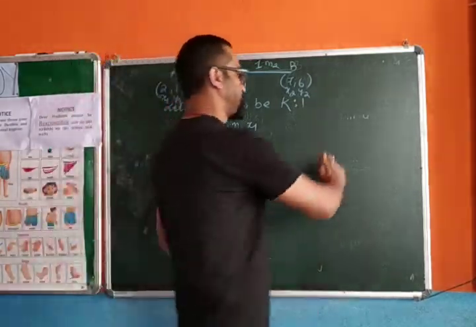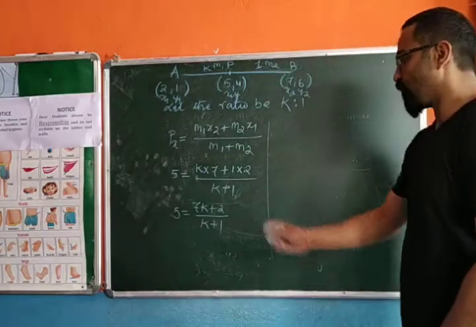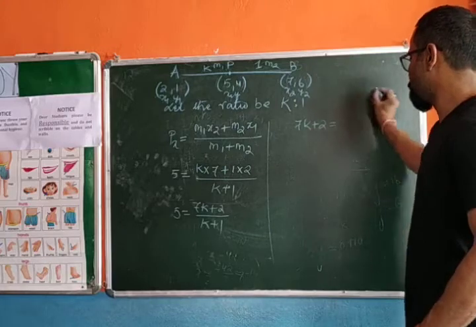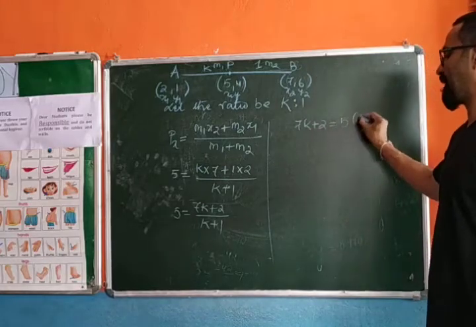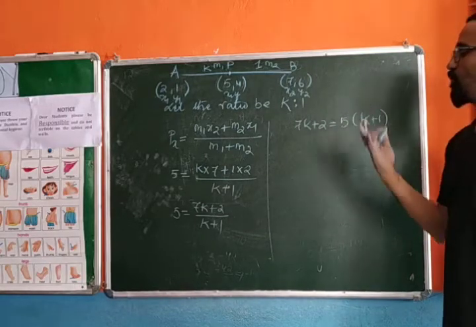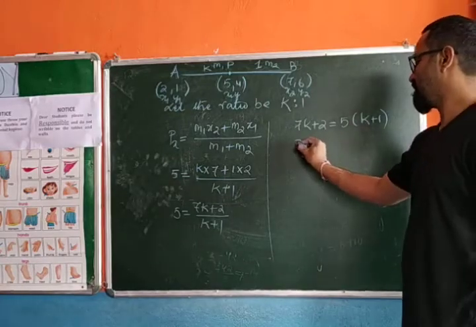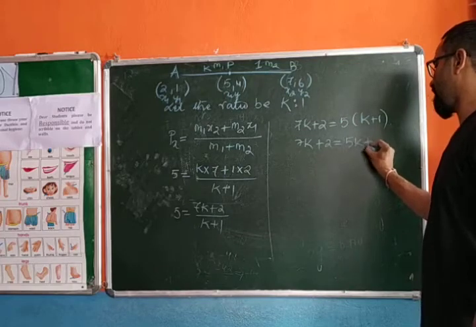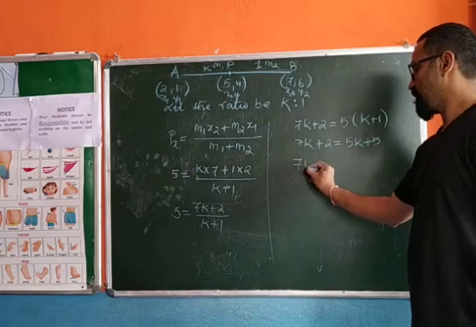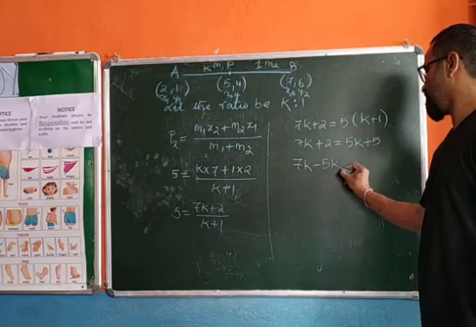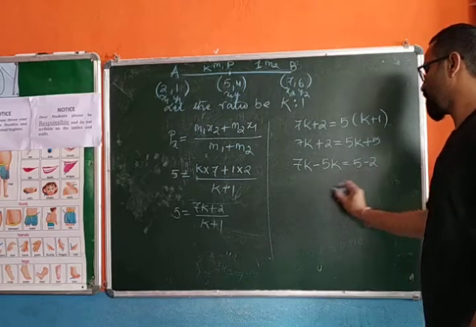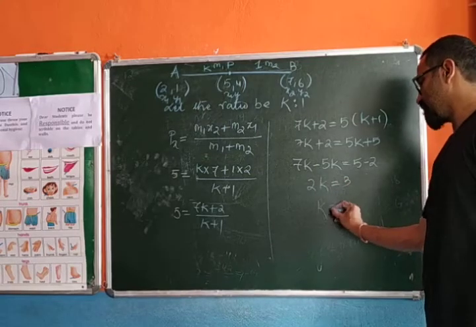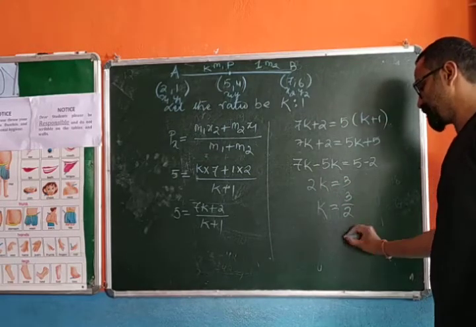Cross multiply. As you cross multiply, you get 7k plus 2 equal to 5 bracket k plus 1. Open the bracket and simplify it. 7k plus 2 is equal to 5k plus 5. Arrange it. 7k minus 5k equals 5 minus 2. 2k equals 3. k comes equal to 3 by 2.